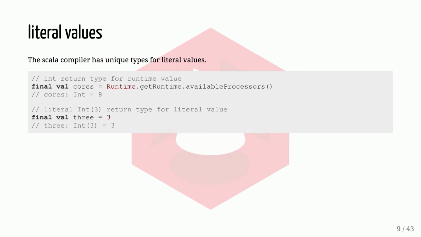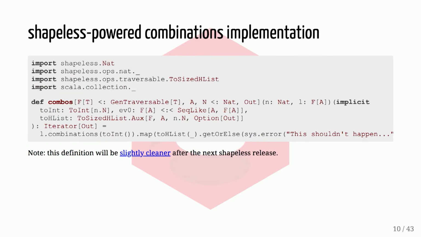But if I assign it to a literal, like 3, I get back an Int, but it's this refined Int type, where it's furthermore the Int 3. And the compiler does actually keep track of that information. And Shapeless provides a way for you to take advantage of that and do some cool things. So I crafted up this little concoction.